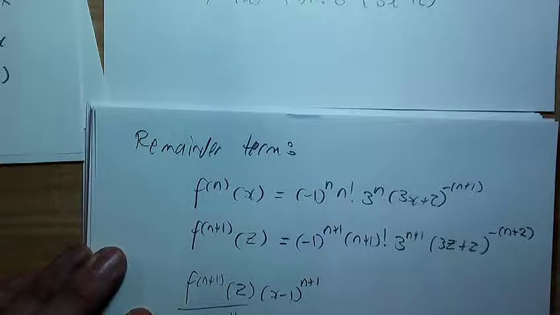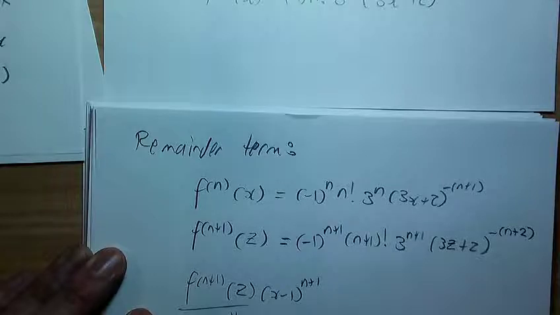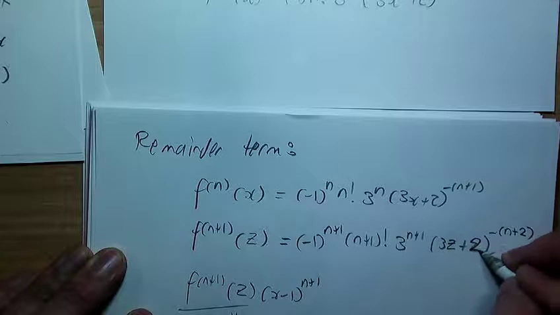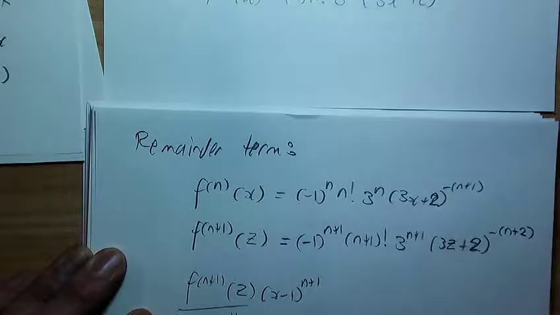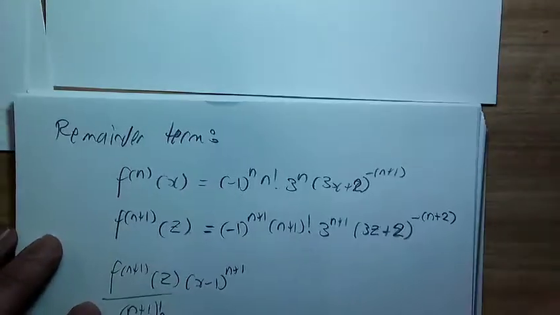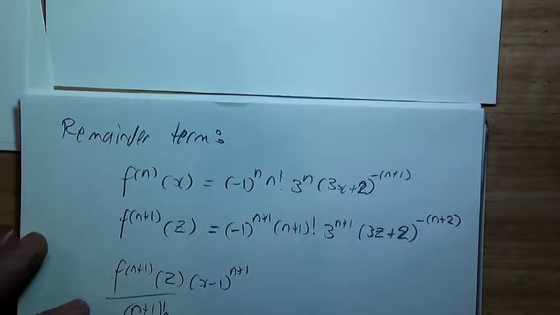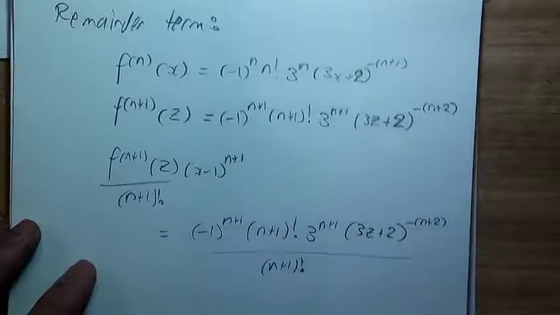So I'll take what I just figured out, that's not a z, that's a 2. And I'll divide by n plus 1 factorial, and I'll multiply, and I didn't leave room for it. I gave myself so much space, and I didn't even show you what I was writing.